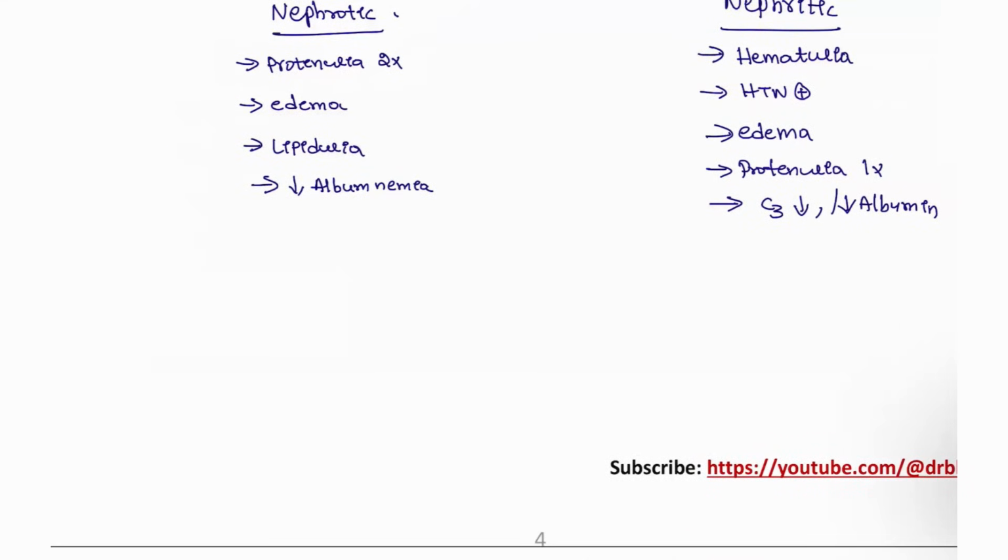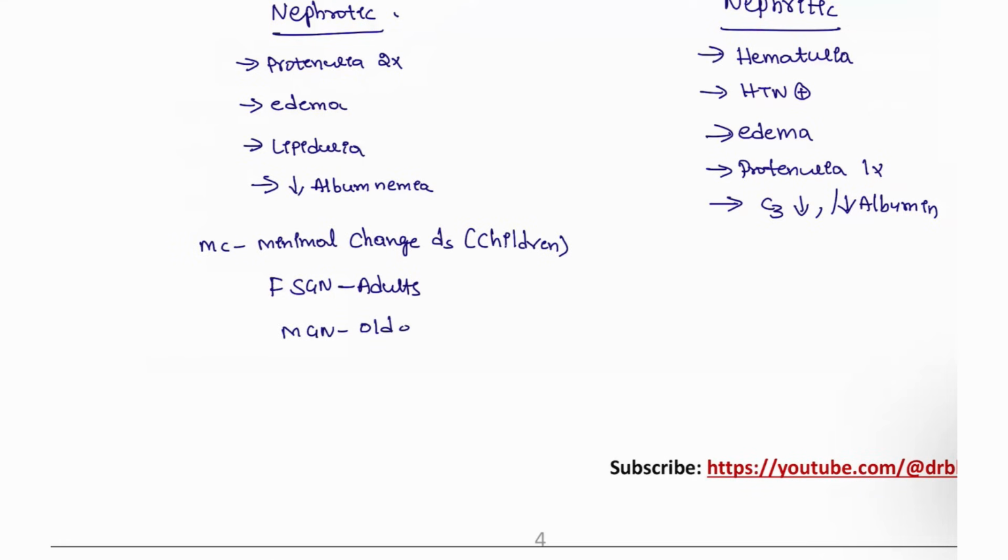What about the causes? The most common will be minimal change disease among children. Next, focal segmental glomerulosclerosis is seen in adult patients and membranous glomerulonephritis is seen in old age people.